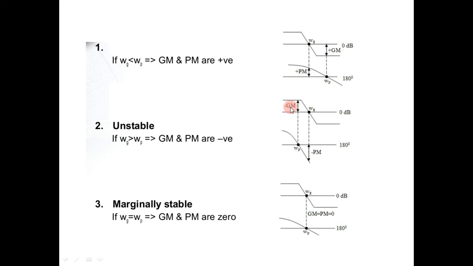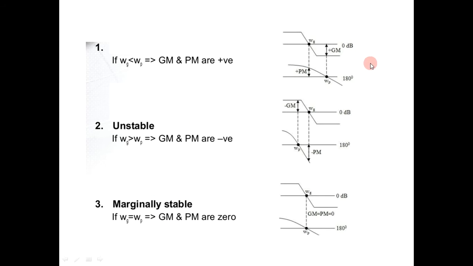So here we got negative gain margin and negative phase margin. So this one is an unstable system. Coming to the marginally stable system, omega gc is equal to omega pc. So in this case gain margin and phase margin are 0. So this one is a marginally stable system.